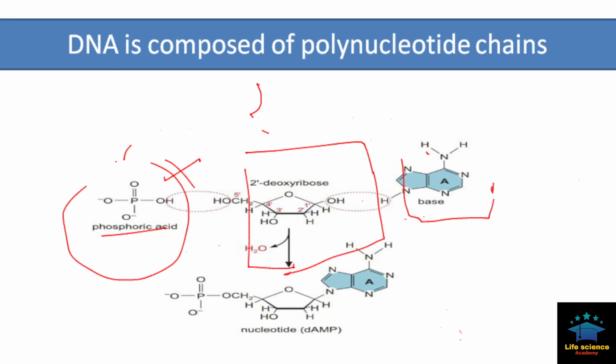So if we talk about the complementarity of two polynucleotides, there will be some sugar molecules, some phosphate groups, some nitrogenous bases. If we want to form double-stranded DNA, what do we have to do?